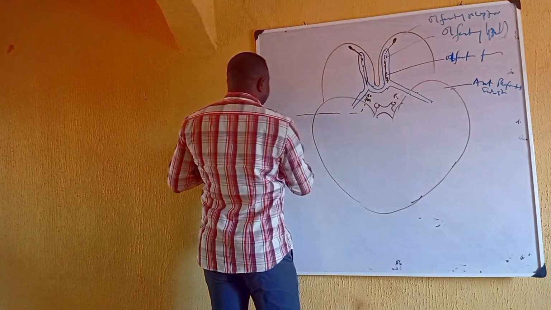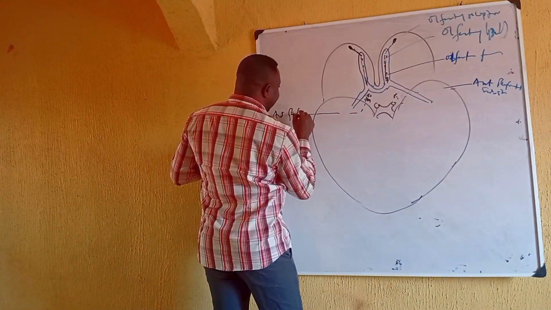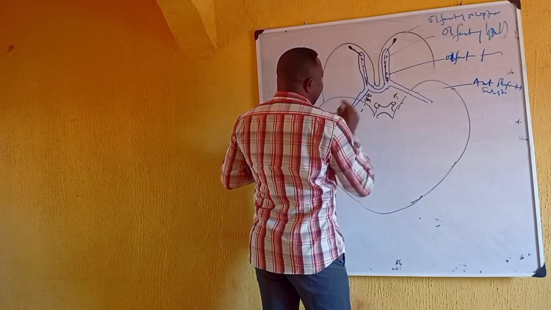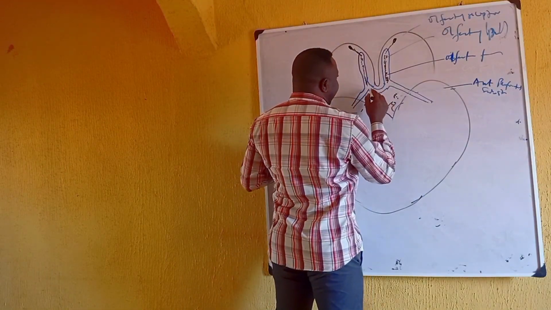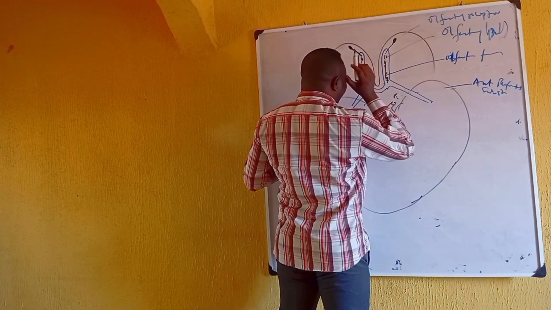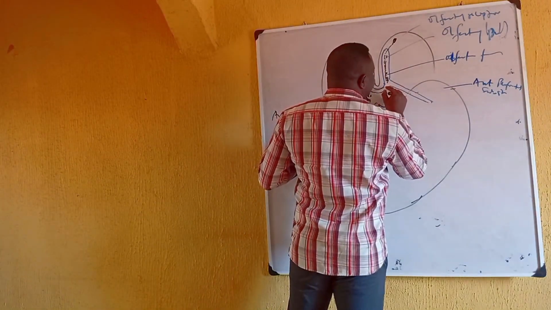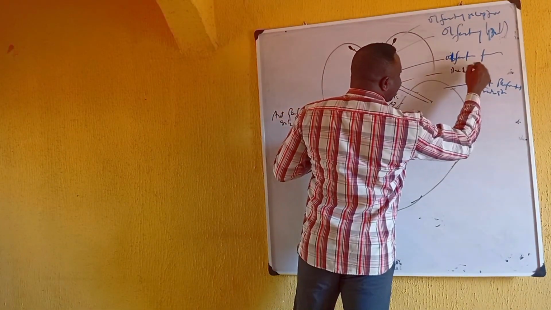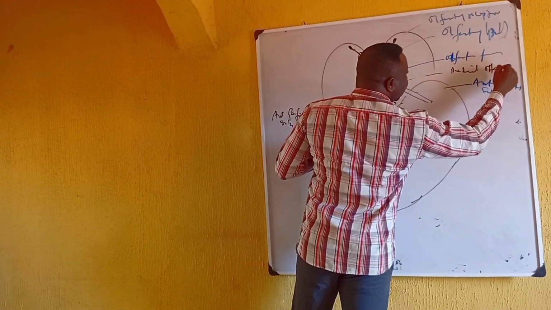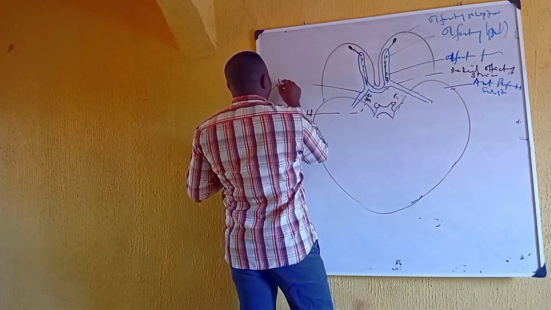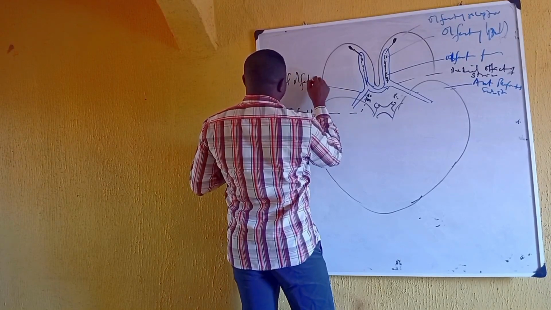This is called the anterior perforated substance, forming the medial olfactory striae. This is known as the medial olfactory striae, and this is known as the lateral olfactory striae.